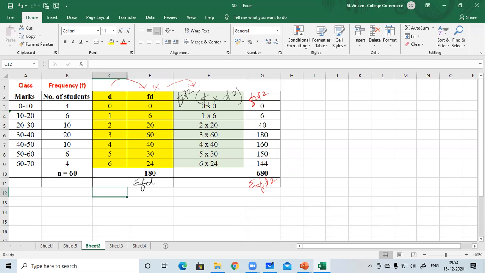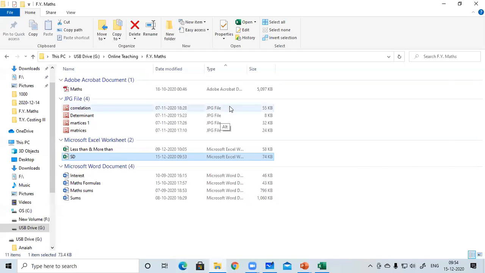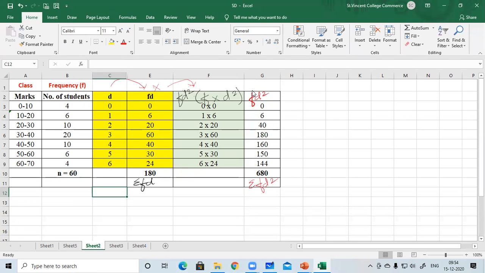Now moving to the formula. Our formula says sigma FD square. Now we have got sigma FD square here as 680.